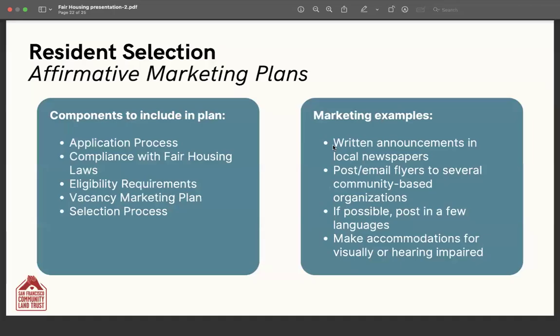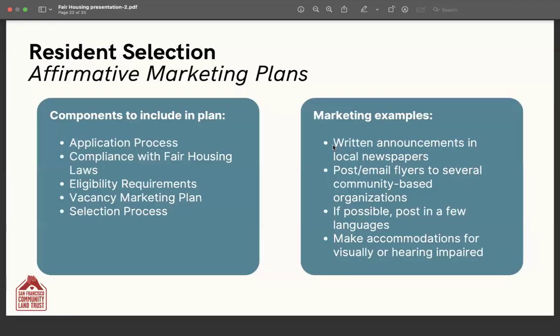And being really clear about what the eligibility requirements are for someone applying for this housing development unit or home. So, are there any maximum income requirements, maximum household size requirements, anything in regards to credit, or just anything that are around eligibility, and who they can reach out to if they have questions about that as well.